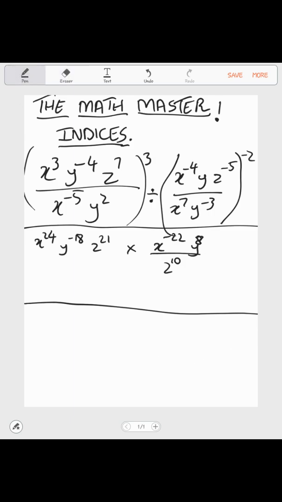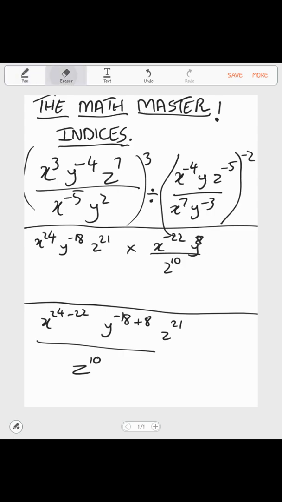So we move forward from this step, and we have to deal with this z actually. First we take x to the power 24 plus minus 22, which becomes x to the power 2. I'm just going to write over here for your reference y to the power minus 18 plus minus 8 plus 8, because the multiplication sign means plus, so there's no sign on 8, which means a plus sign, which is positive. So minus 18 plus 8, over, oh sorry, I almost forgot, z to the power 21 comes as it is, and z to the power 10.